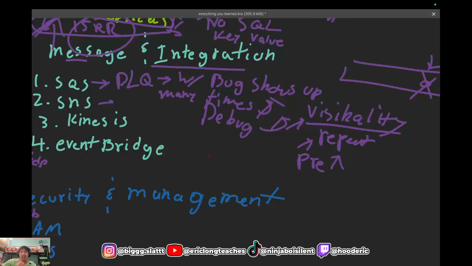SNS is like a mailing system where we put in the request we want and it fans out to our subscribers. This would be the producer, and the subscribers.